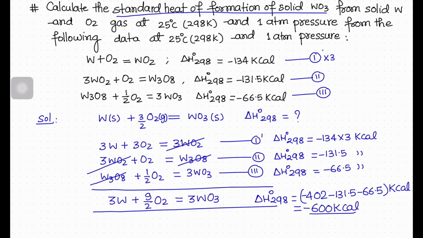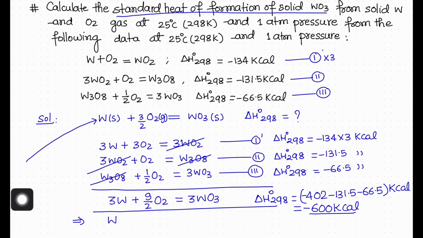But the required equation is this one, where the coefficient of tungsten is 1. Here it is the formation reaction of solid tungsten trioxide, but for standard heat of formation this must be 1 mole. So we need to divide it by 3.